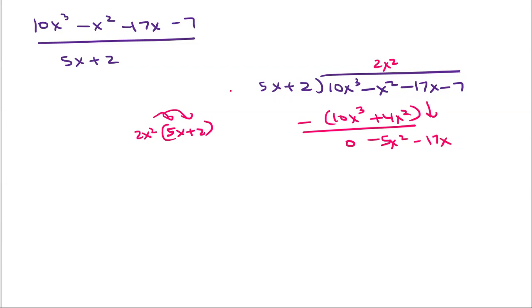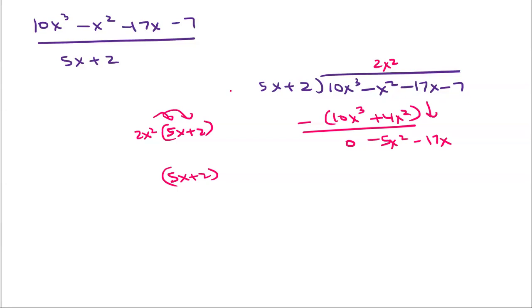Okay? Now this is what I'm working on now. So then I do the same thing. I have to multiply. What can I multiply to 5x to give me negative 5x squared? Close.